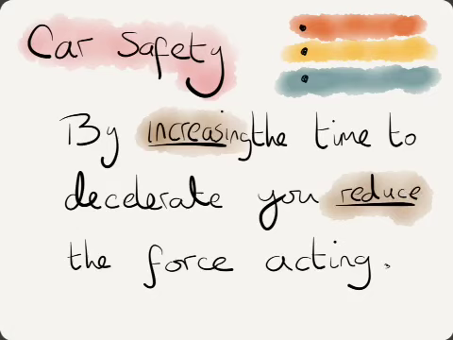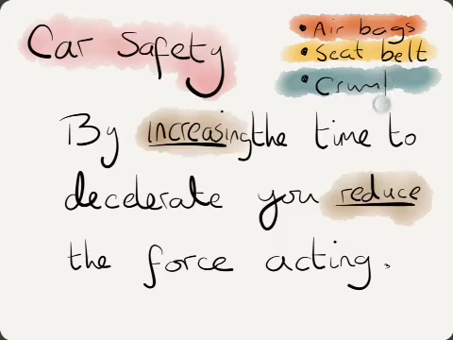And in practical terms, in your car, it will be such things as airbags, seat belts, and crumple zones, all designed to slow you down over a longer period and hence reduce the force acting on you.